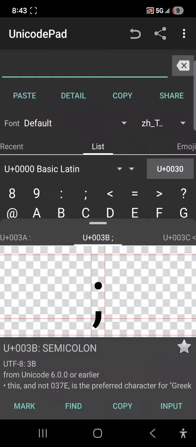This is a semicolon, which is basically a subcolon. It is a period plus comma. It is like a colon, the same as a comma and a period, but different in a way.